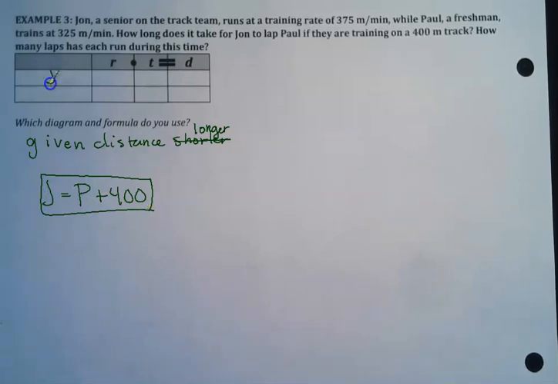We can put J and P for John and Paul. Good. Who's that for? So this is John's rate, 375. That's Paul, 325.